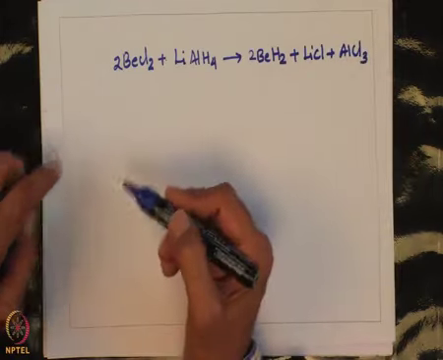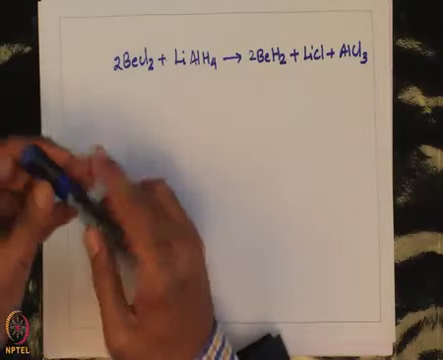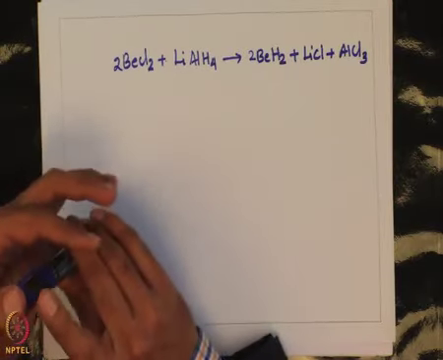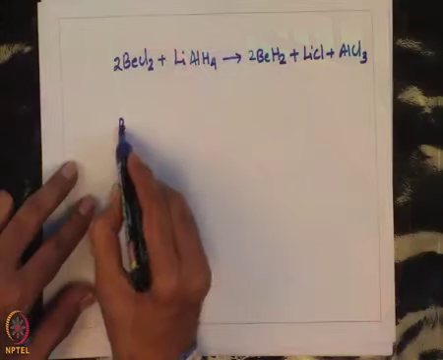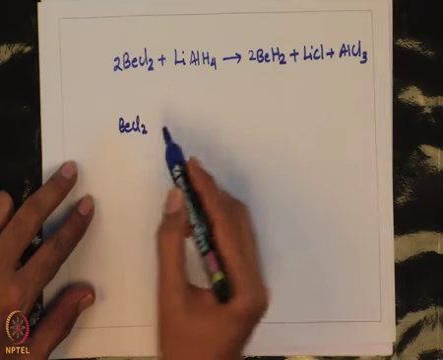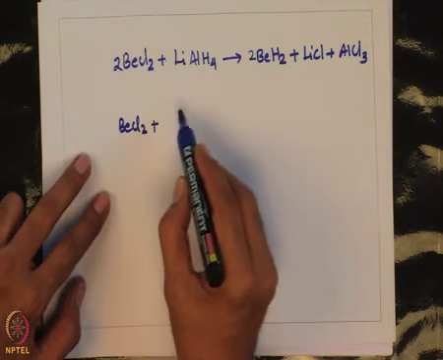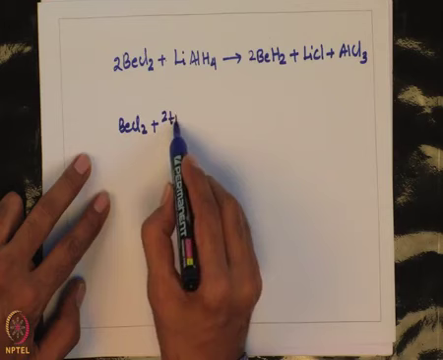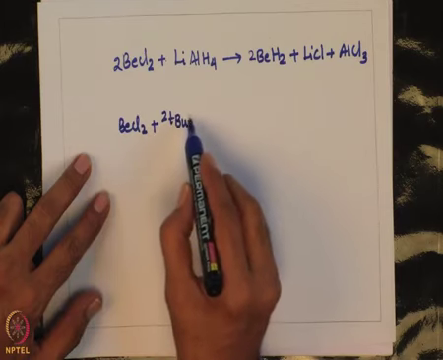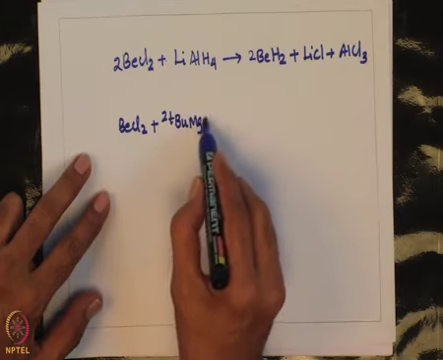So, this is one method, and if you want to prepare very pure beryllium hydride, there is an indirect method. In this one has to make first a ditertiary butyl beryllium compound, that is beryllium chloride has to be treated with Grignard reagent such as tertiary butyl magnesium chloride.